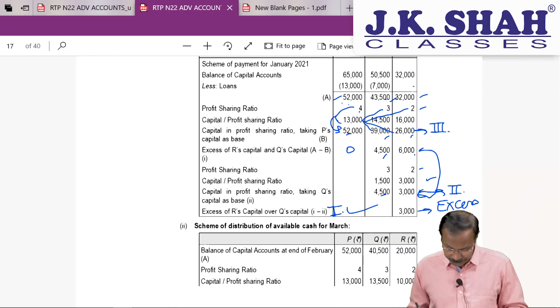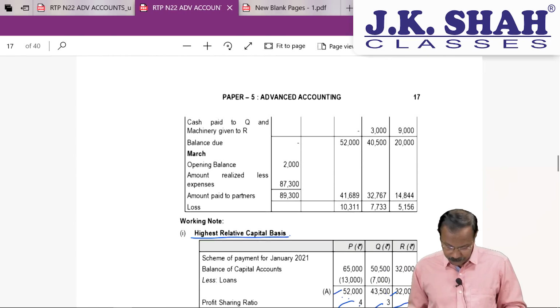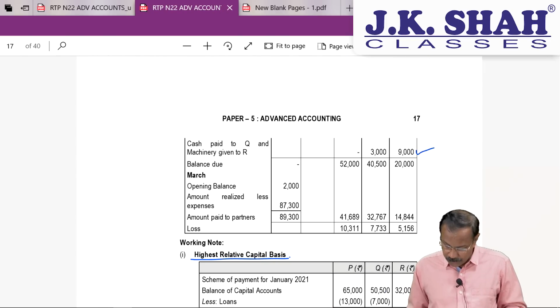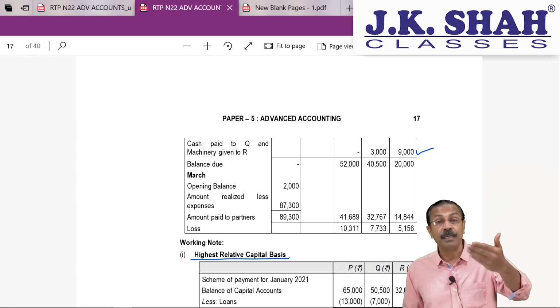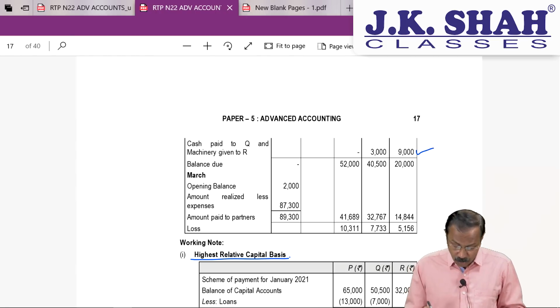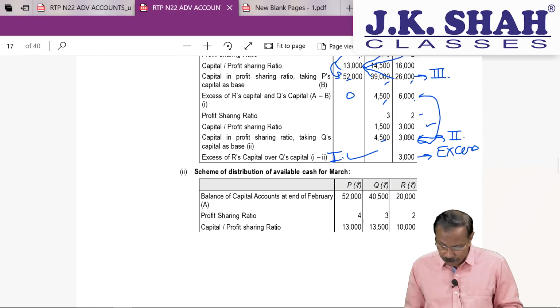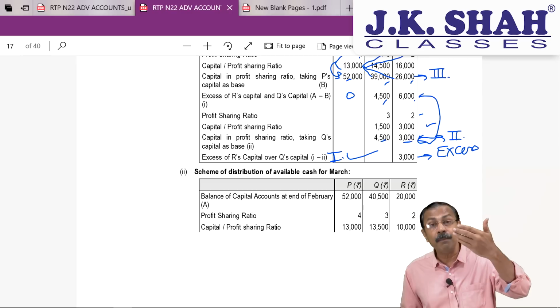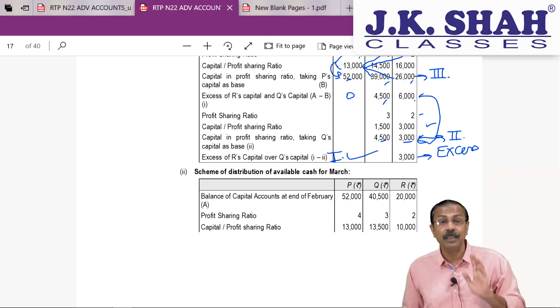So over here, R 9,000 machinery given. But as per the second order of payment, to R we were supposed to pay only 3,000. But we have given him a machinery of rupees 9,000. And how much cash were we having? 3,000.